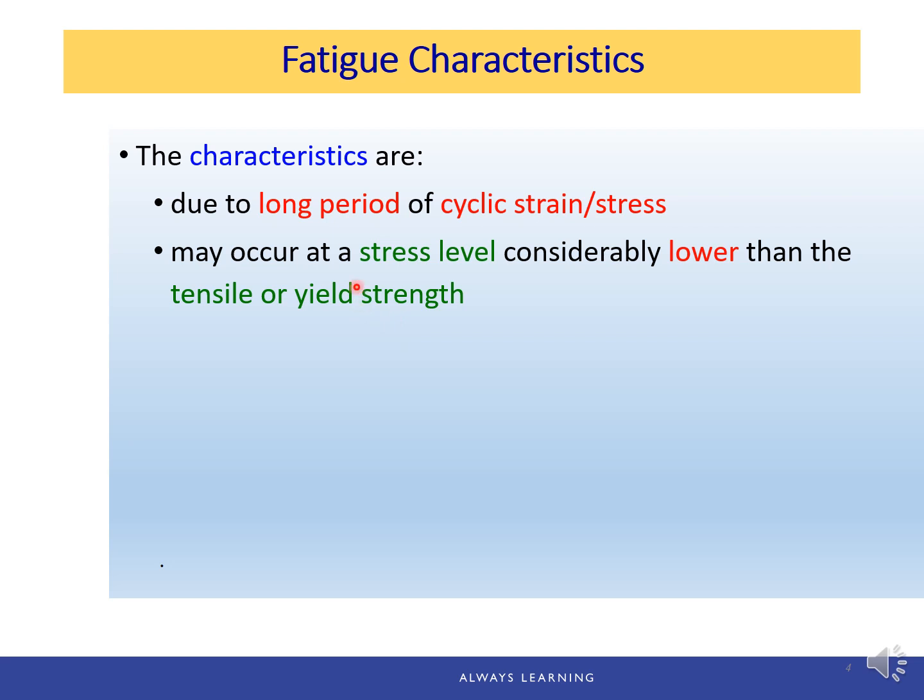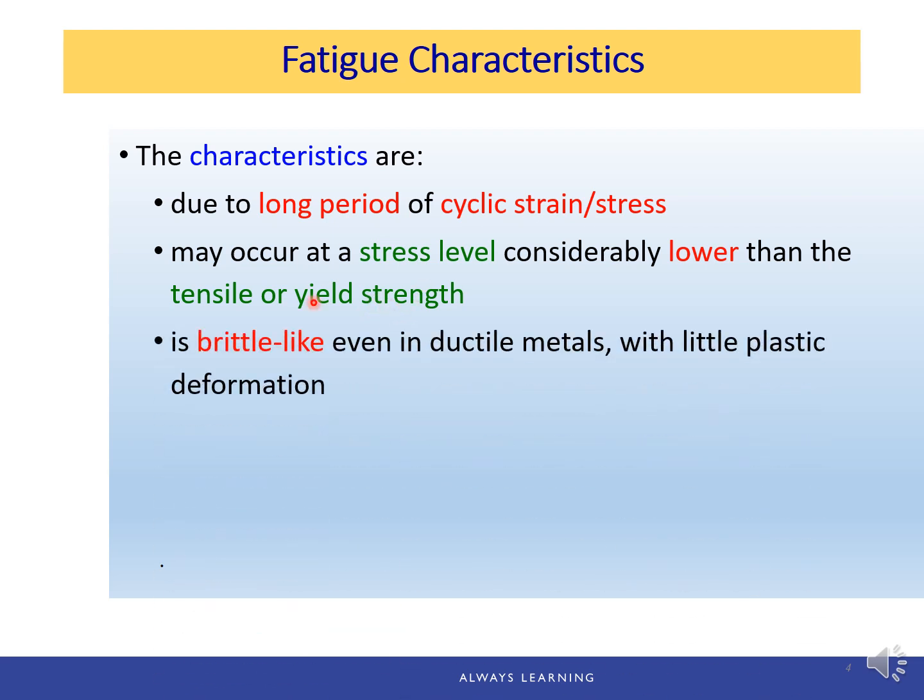But under the cyclic stress, the stress level doesn't need to be too high. When it's below tensile or yield strength, the fatigue failure can also happen. And the fatigue fracture is brittle-like, even in ductile metals, with little plastic deformation.